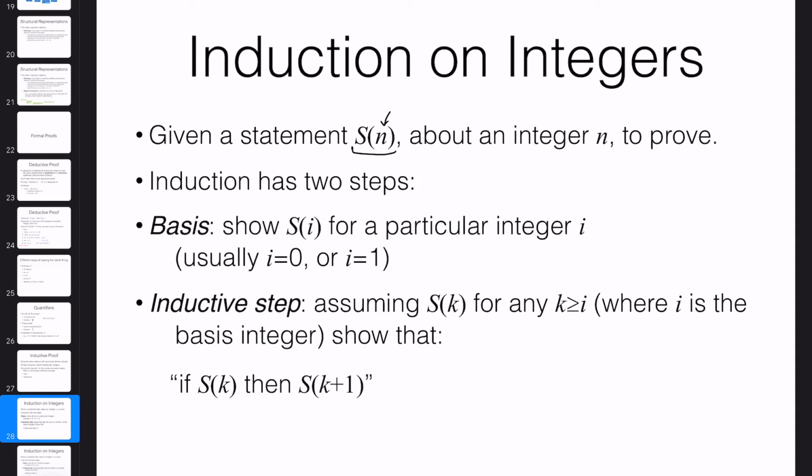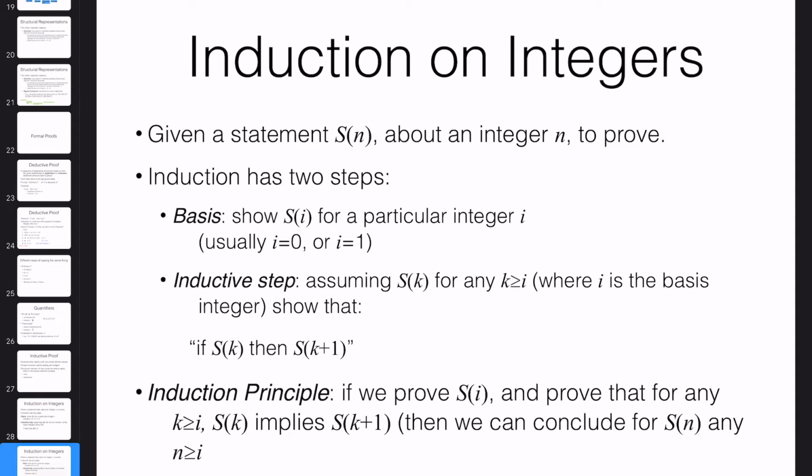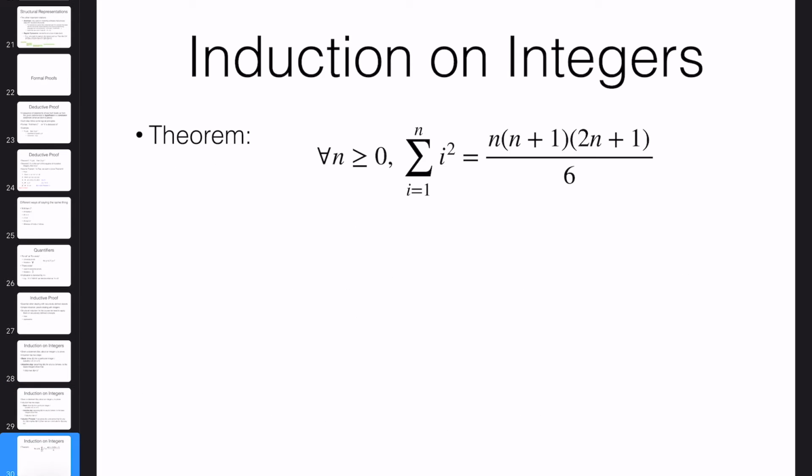An example is this theorem that I want to prove: for any number n greater than or equal to 0, the summation of all the square numbers for i equal to 1 to n is going to be this.